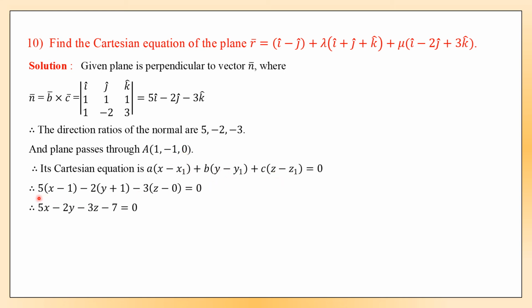Putting these values we get 5(x - 1) - 2(y + 1) - 3(z - 0) = 0. Here 5x - 5 - 2y - 2 - 3z = 0. Simplifying, we get 5x - 2y - 3z - 7 = 0.